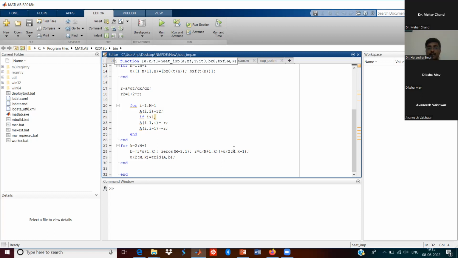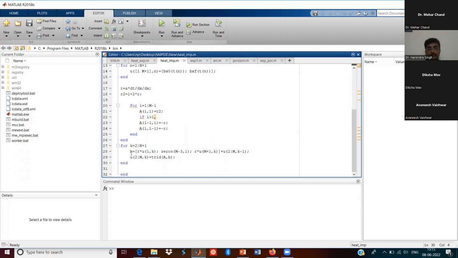There will be only one entry, first U1k, that is the starting entry, and UM plus 1k, that is the last entry, and if you remove these two entries, the remaining entries will be 0. So zeros(m-3,1) means just a column of zeros. What will be the value of m depends on that. So the zeros matrix you can easily write here.